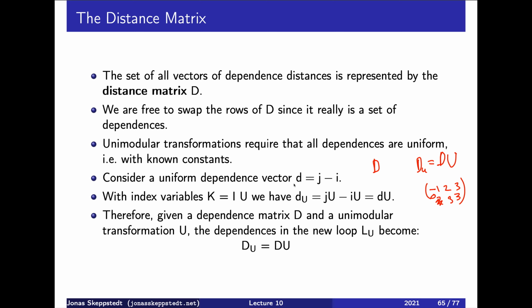Initially the dependence distance between two iterations was this, and now we have these index vectors instead, so we can see the distance between them, and it is exactly this.